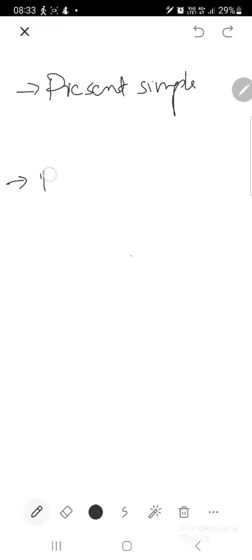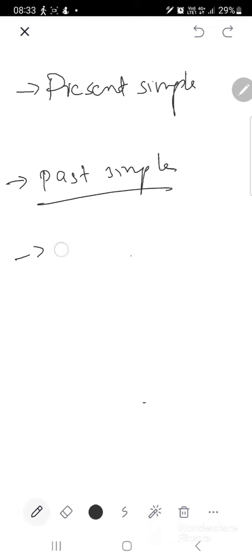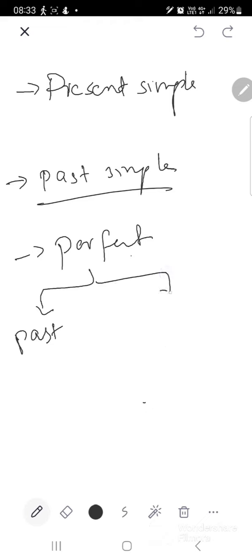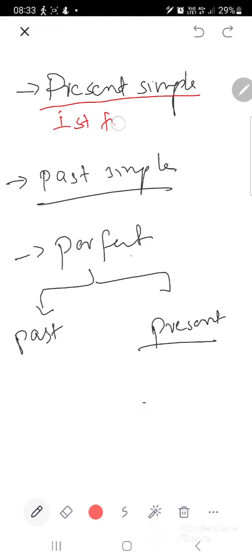So I will just summarize things for you in the letter, specifically reference tenses. So we have present simple tense. We can use that as well. So we have past simple tense. We can use them as well. We have the perfect form of a tense, maybe in the past or maybe in the present. So we all know the rules and regulation of these tenses. Like in the present simple, we just use the first form of the verb, and with third person singular, we use maybe s or es with that, right?